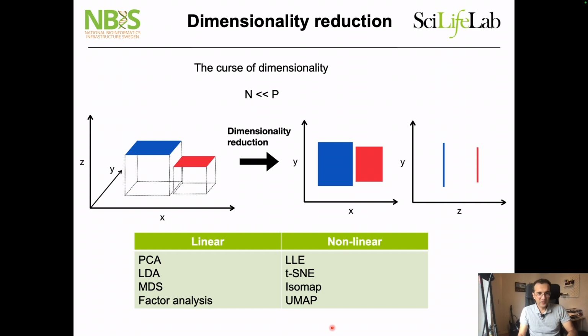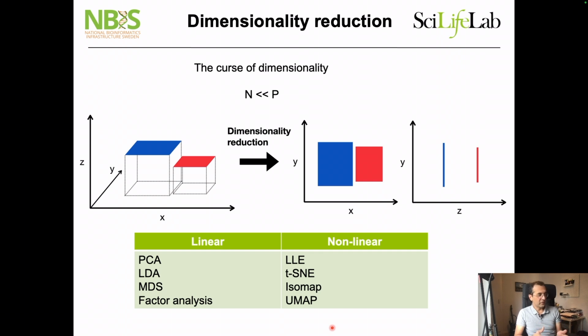In a data set with high dimensionality, we have the curse of dimensionality where, for example, we have thousands of genes for given cells. And it's important to make sure that we look at an informative dimension of the data. You can use different approaches, like linear approaches or nonlinear approaches.